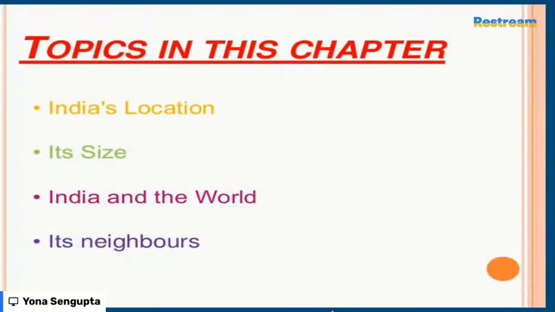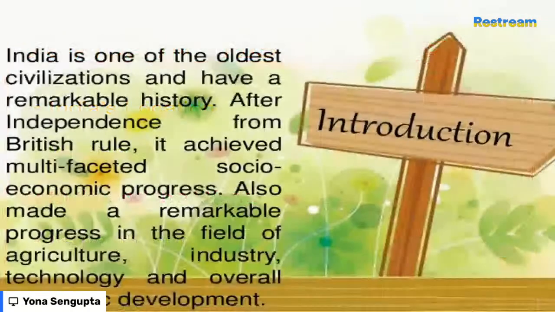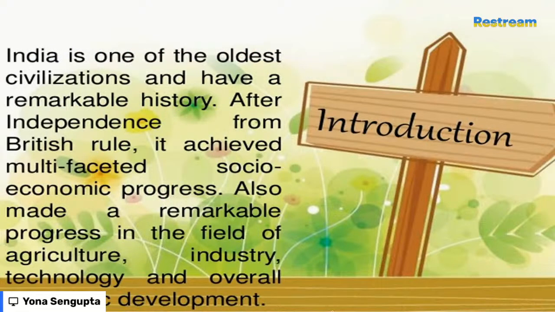The topics in this chapter are India's location, its size, India and the world, its neighbors. First, India is one of the ancient civilizations in the world, and it has achieved multifaceted socio-economic progress during the last 5 decades, and it has moved forward, displaying remarkable progress in the field of agriculture, industry, technology, and overall economic development.